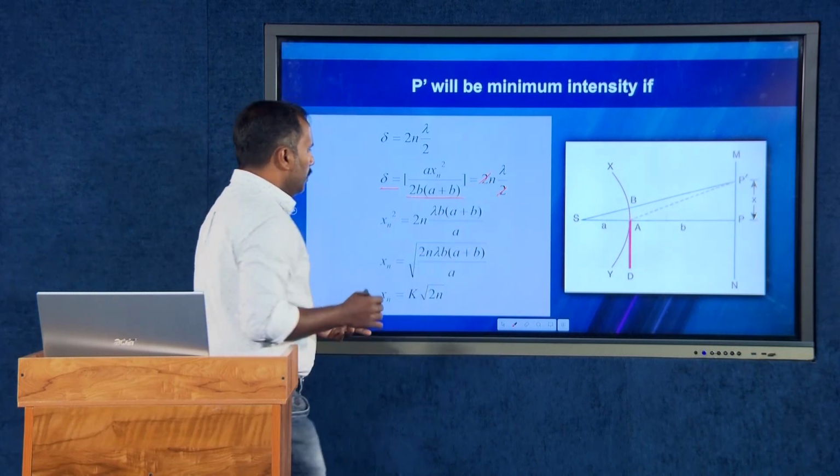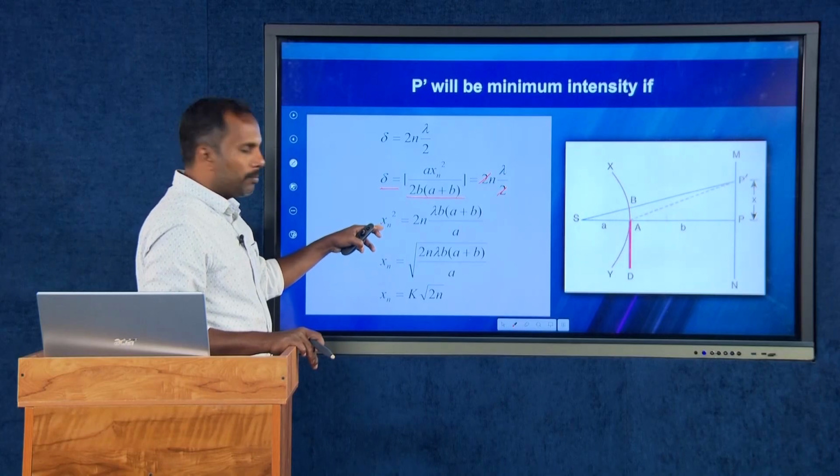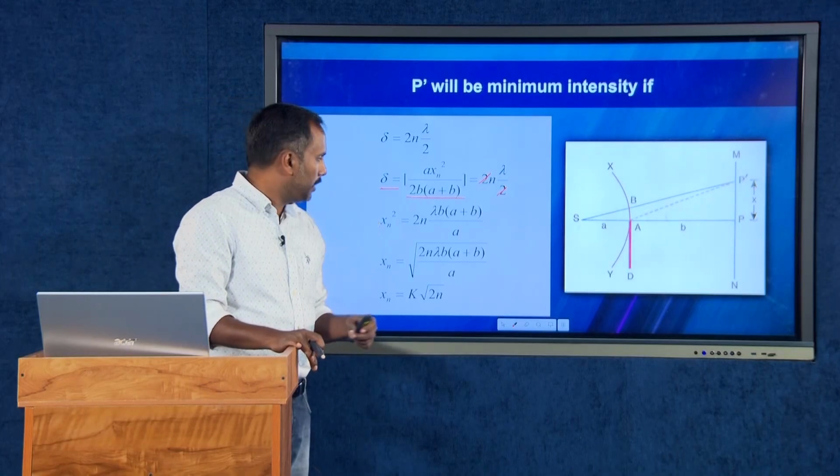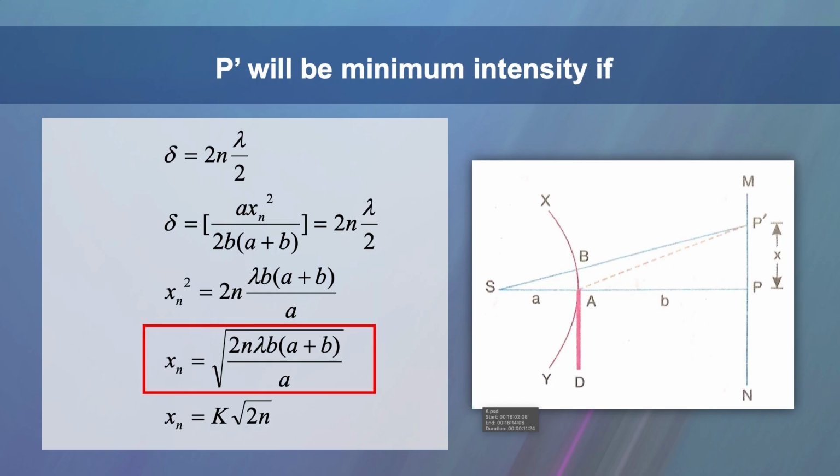Now we can have the position of the nth minimum intensity: xn squared is 2n lambda b into (a plus b) divided by a. Taking the square root, the position of the nth minimum intensity, xn, is equal to under root 2n lambda b into (a plus b) divided by a.